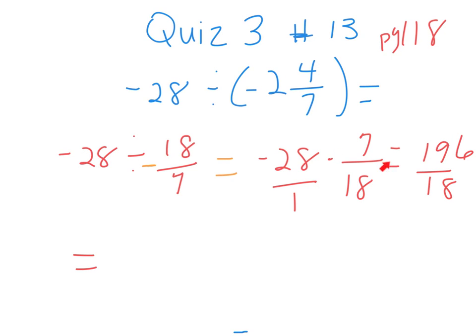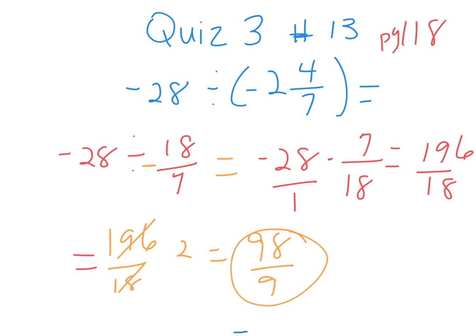I did the reciprocal of it and just added this part because that's the way I do it. So I have 28 over 1 times 7 over 18, which equals 196 over 18. I can divide this whole thing by 2, so I would have 196 divided by 2, and I get 98 over 9, and that is my answer.